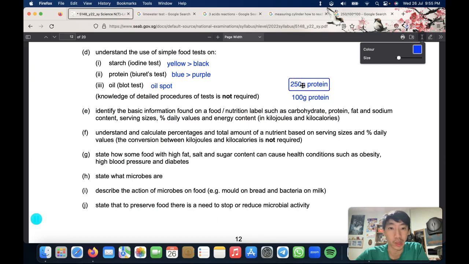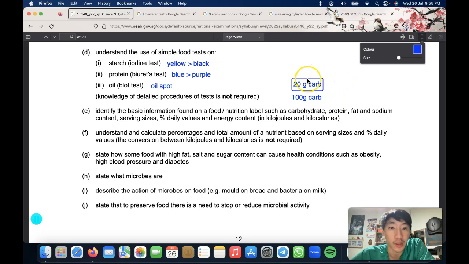Let's look at one more example. If let's say for example, in one day I'm only allowed to eat 100 grams of carbs. Then I eat one bag of potato chips, and inside the potato chips is 20 grams of carbs. So that means this bag of potato chips has used up how many percent of my daily carb value already?